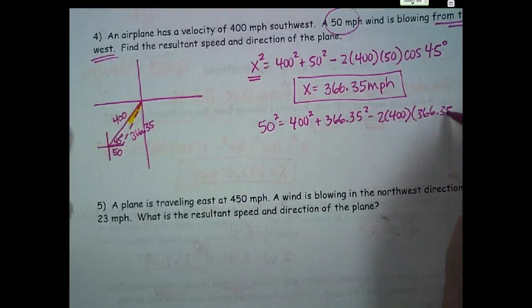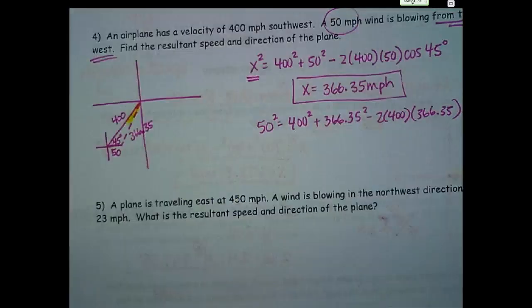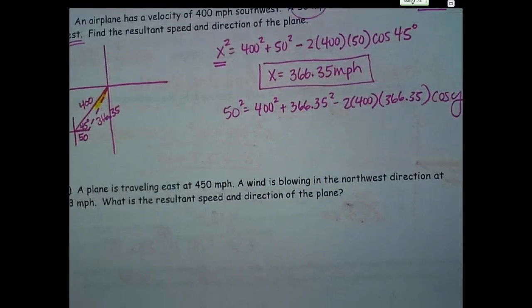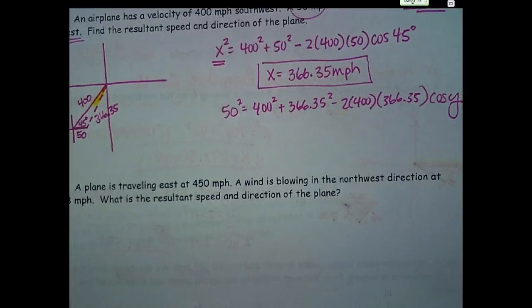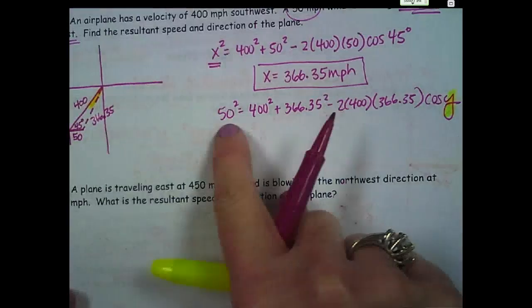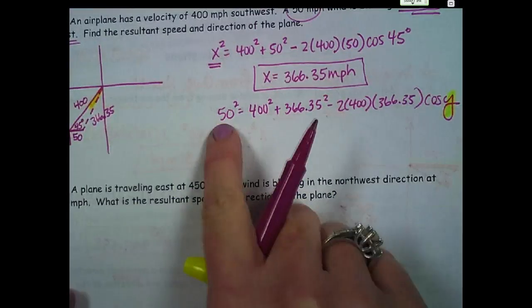Cosine of y. Again, mathematically, you're trying to find y. And all this stuff is on the same side in the way, so you're gonna move over the 400.